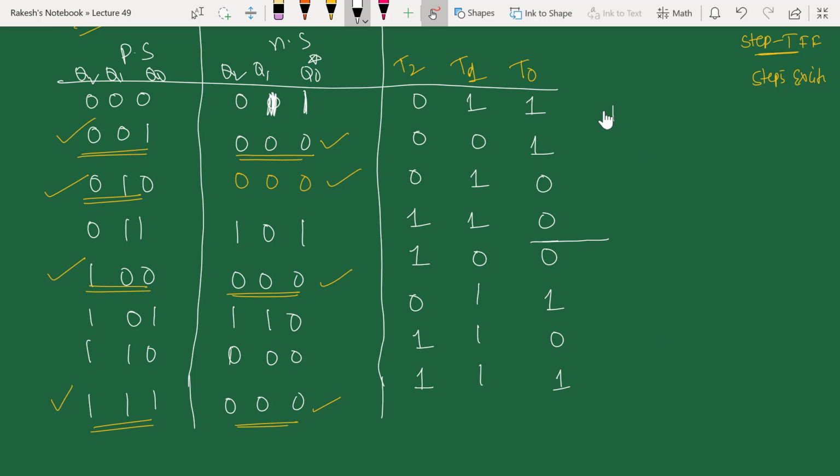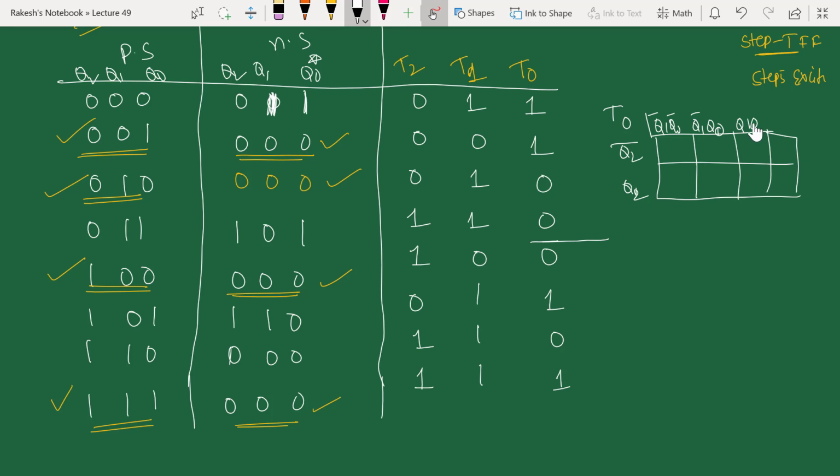Now we are supposed to make the T0 K-map. So we will make it with Q2 bar, Q2 along one side, and Q1 Q0, Q1 bar Q0 bar, Q1 bar Q0, Q1 Q0, Q1 Q0 bar along the other.